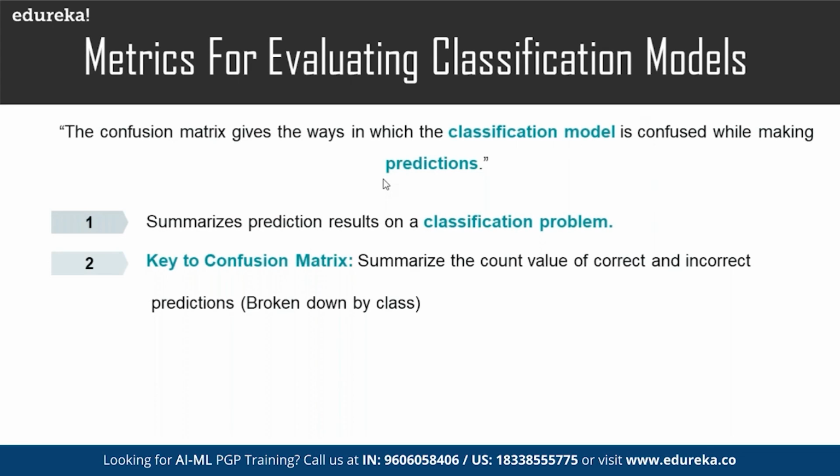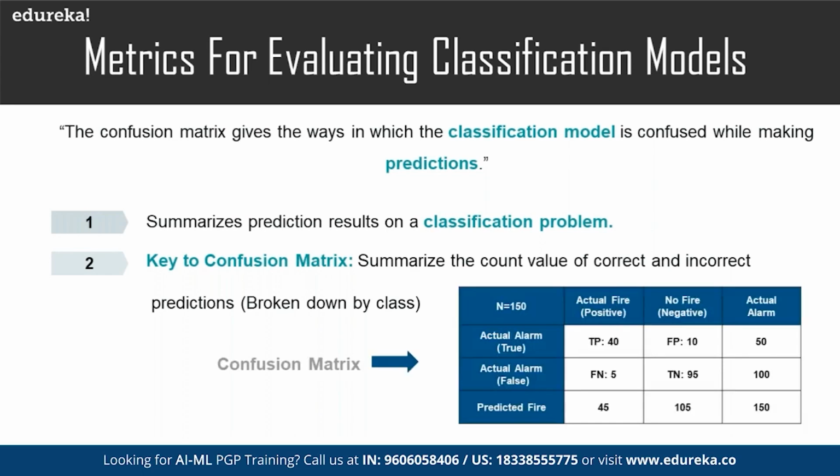So what does this confusion matrix do? It summarizes the incorrect and correct predictions for each class. Take a fire alarm system, for example. The system should alarm correctly whenever there is a fire in a place.